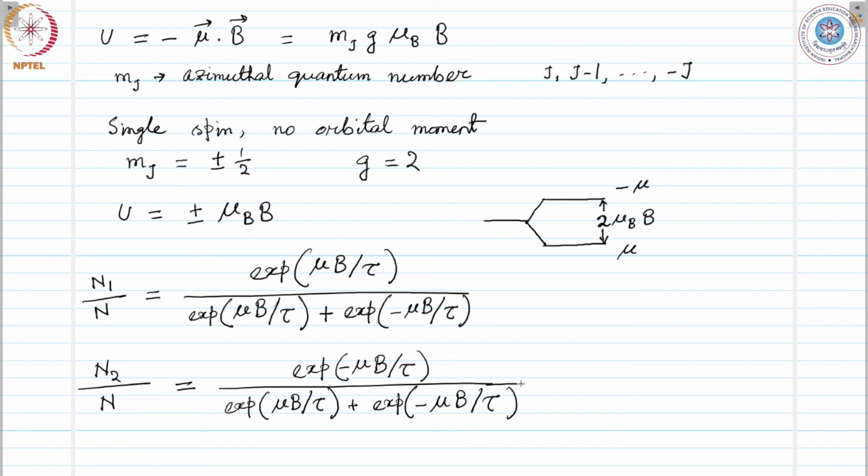As we mentioned earlier, N1 plus N2 equals N, the total number of electrons. N1 is the population of the lower level, and N2 is the population of the higher level.